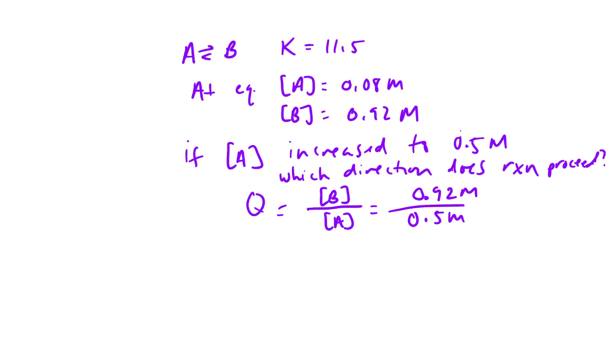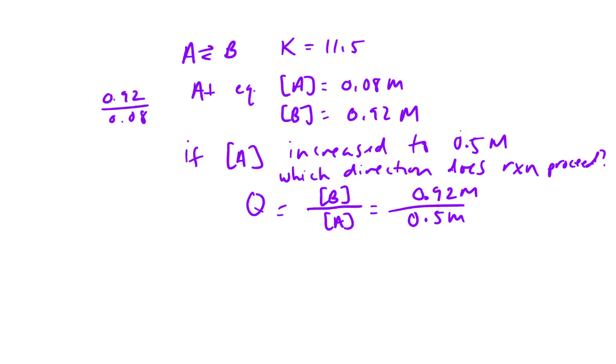Now all that I'm showing you is that we're just playing with ratios. We had a ratio at equilibrium of 0.92 over 0.08. Now we're increasing the value in the denominator, so we're changing our fraction.